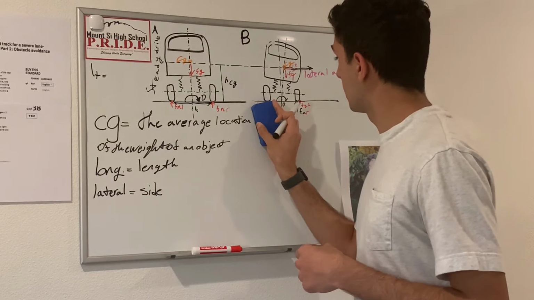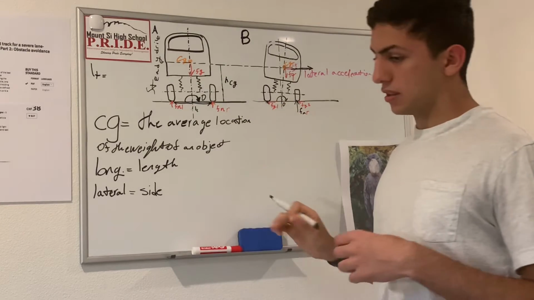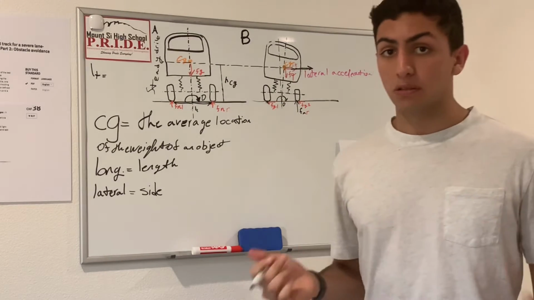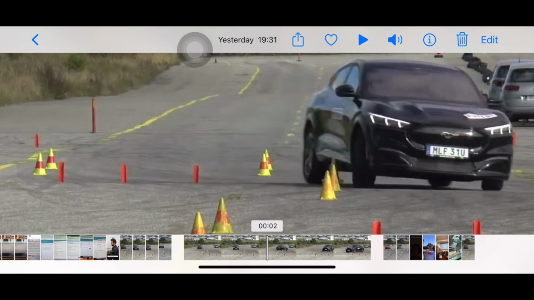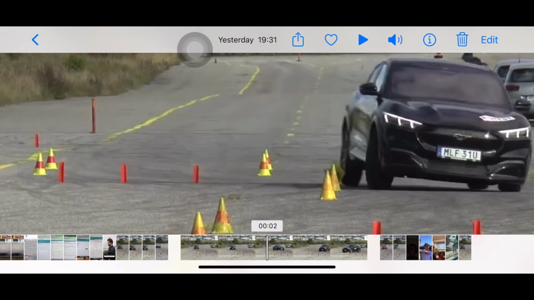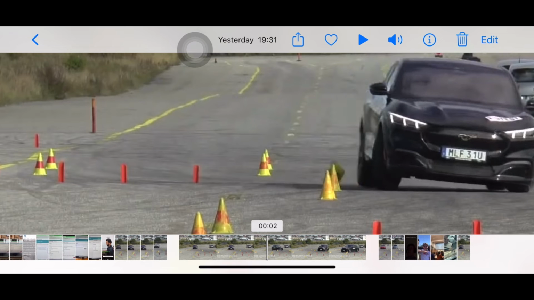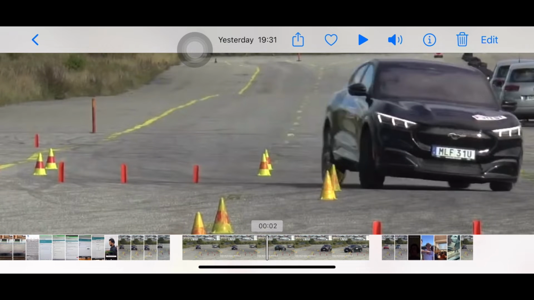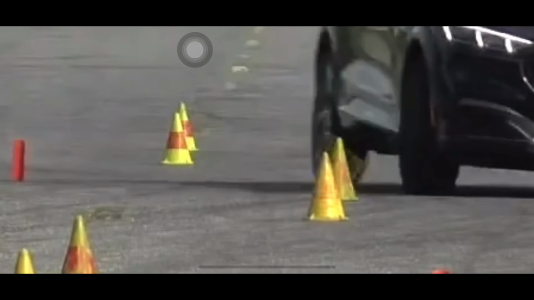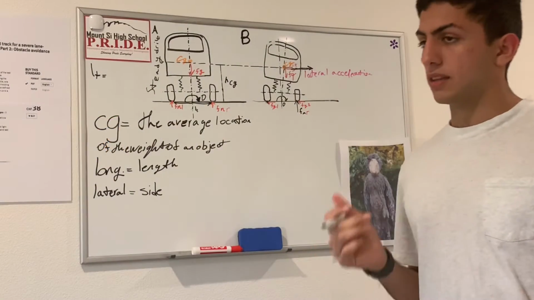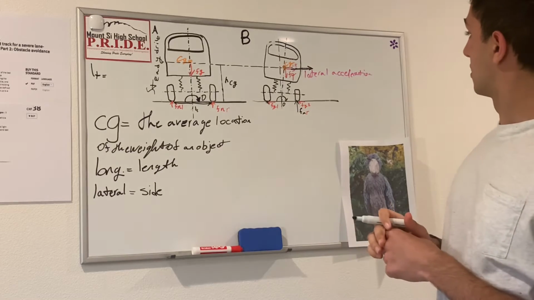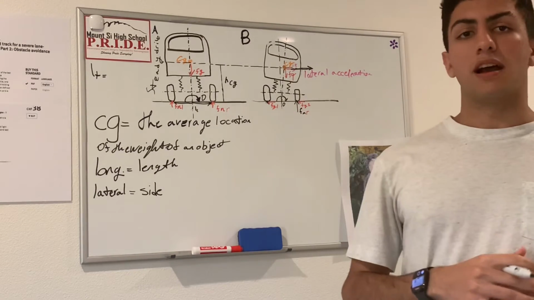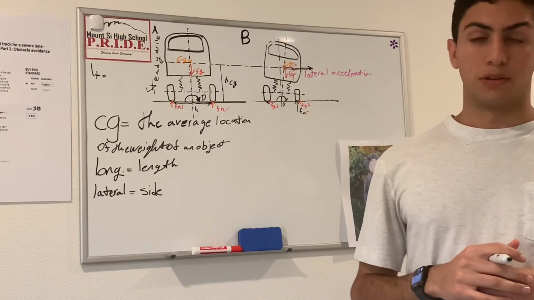And at this point, ladies and gentlemen, the car is no longer in a state of equilibrium, which means the car has failed the test. This is how a car rolls over.